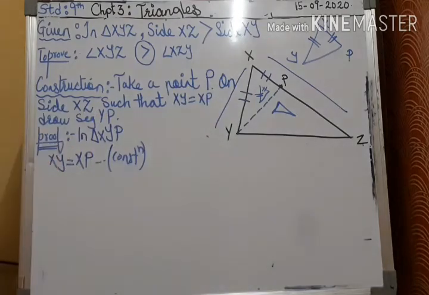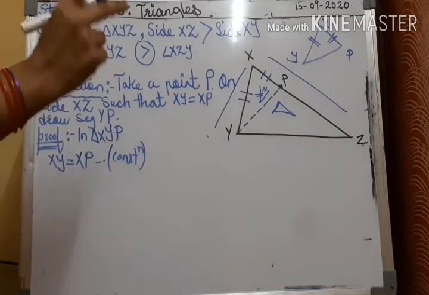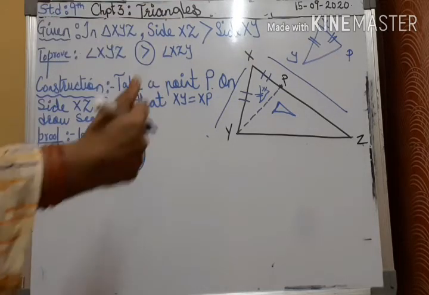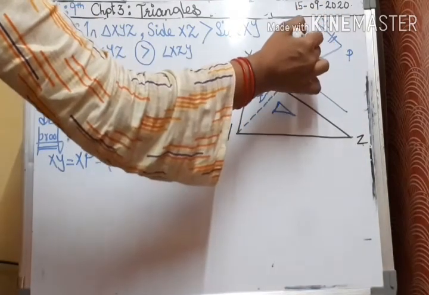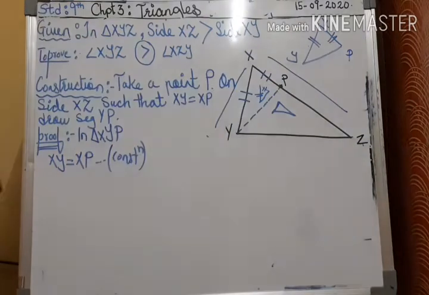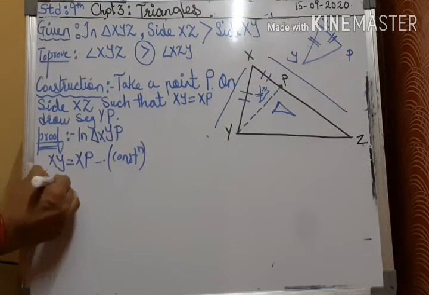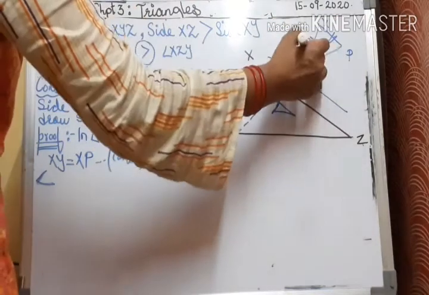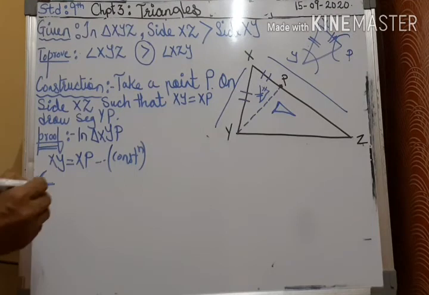So by the isosceles triangle theorem, what is the isosceles triangle theorem? Two sides are equal and two angles are equal. So here we have this triangle. This and this sides are equal. That means this is an isosceles triangle. So if both the sides are equal, then both the angles Y and P are also equal by the isosceles triangle theorem.